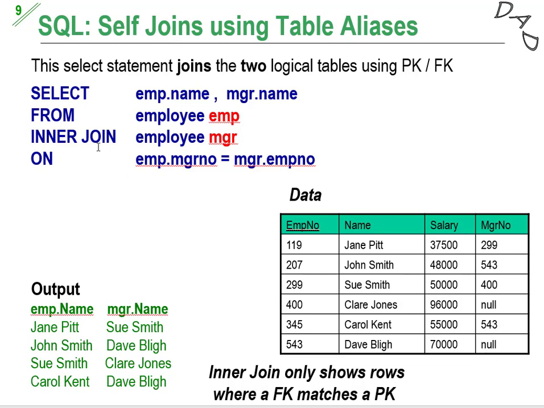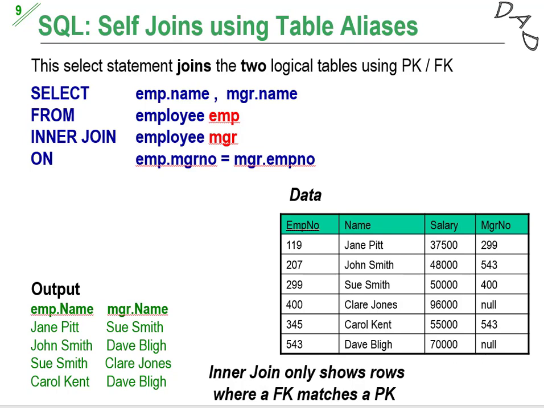If we need to select all the employees irrespective of the manager numbers or manager names, even Claire Jones and Dave Bly need to be there. So inner join is not going to work in this particular situation because we have nulls.